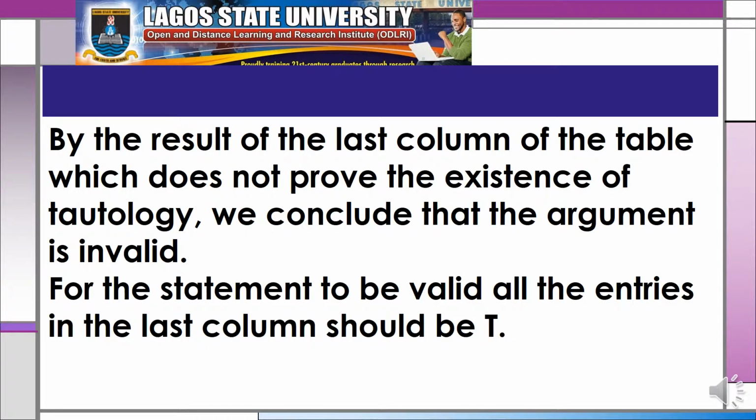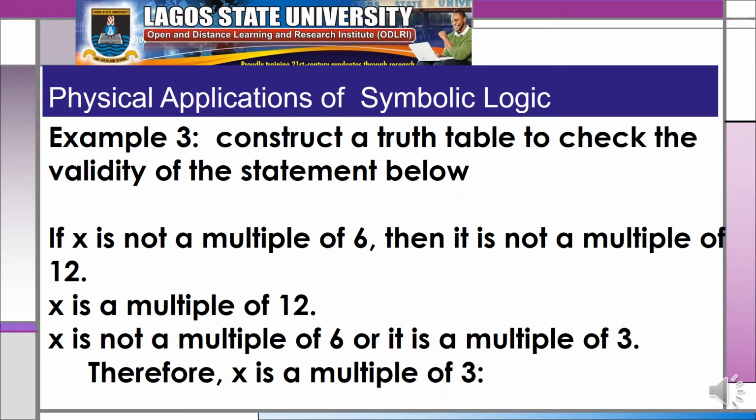Example 3. Construct a truth table to check the validity of the statement below. If x is not a multiple of 6, then it is not a multiple of 12. X is a multiple of 12. X is not a multiple of 6, or it is a multiple of 3. Therefore, x is a multiple of 3.